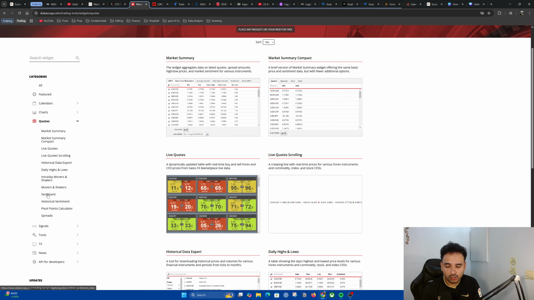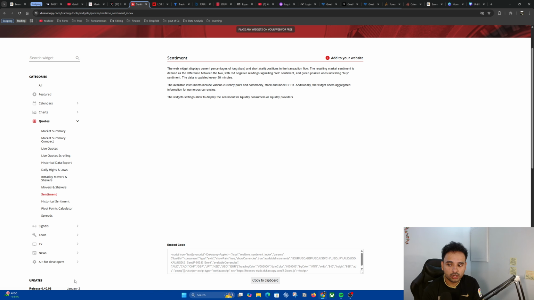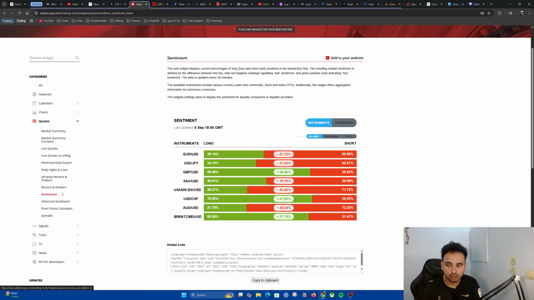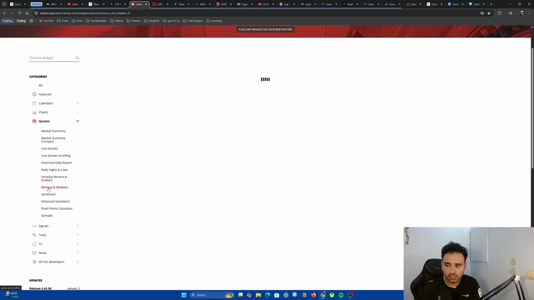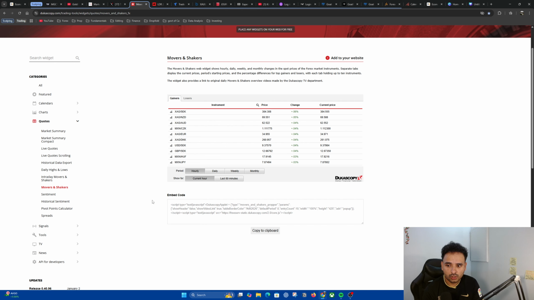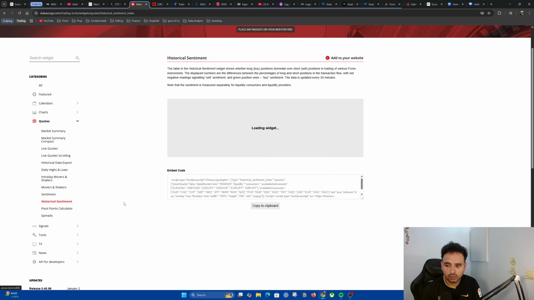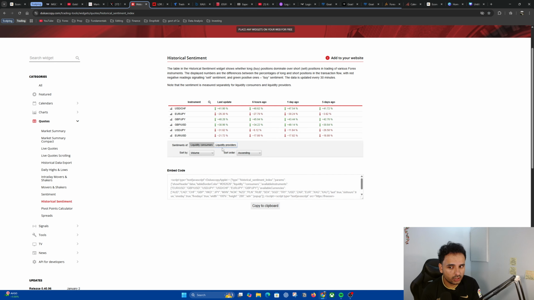There are also some really nice tools if you are exploring, like this sentiment widget, which will be really good for you if you trade forex: liquidity consumers, liquidity providers. This data, you can sort it as you want.